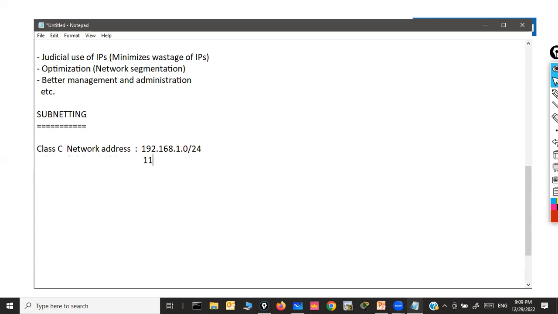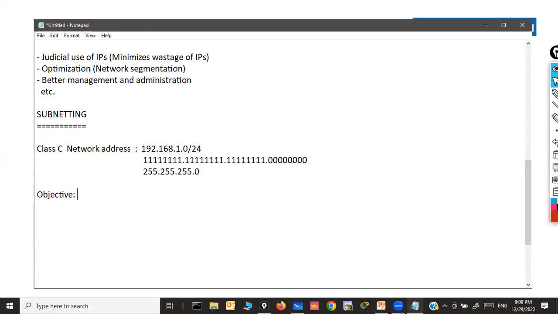Slash 24 means 24 ones, in groups of 8, 8, 8, and then 8 zeros. Or we can also write it in decimal as 255.255.255.0.